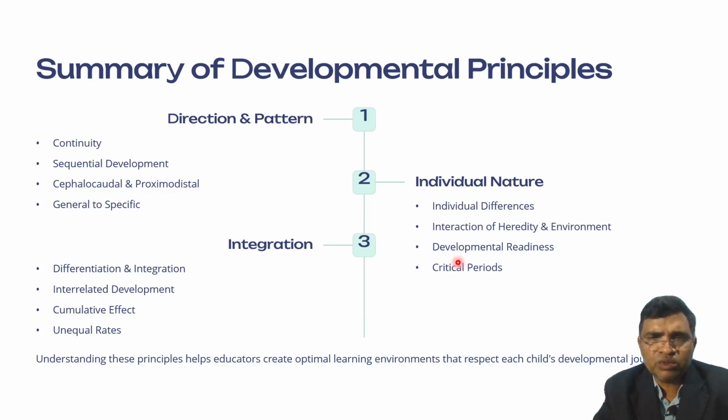Then, as we discussed about individual differences, not everybody is the same, and heredity and environment both play a crucial role. And developmental readiness we discussed, and critical period also. Integration, so different skills are integrated. Then there is interrelated development, a cumulative effect, then unequal rates. So understanding these principles helps create the optimal learning environment that respects each child's developmental journey.